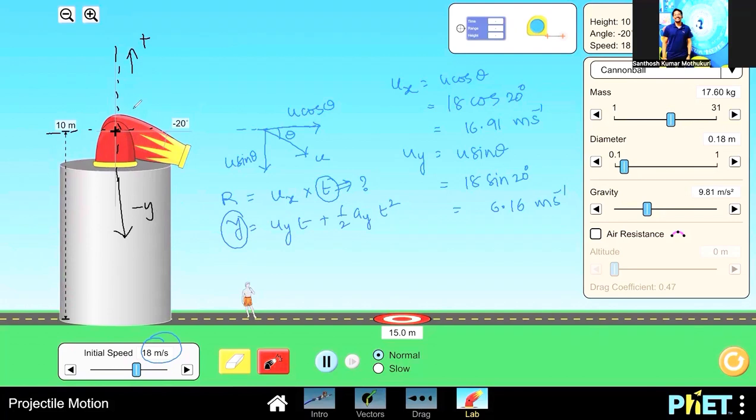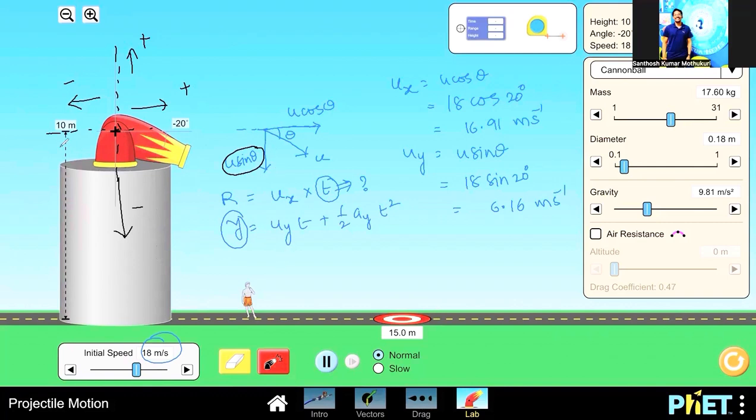First, we have to decide which is positive and which is negative. Whatever is taken in the downward direction is taken as negative, correct? So this is the negative direction. The important part is that the vertical component of velocity is directed down, so we take uy negative here.